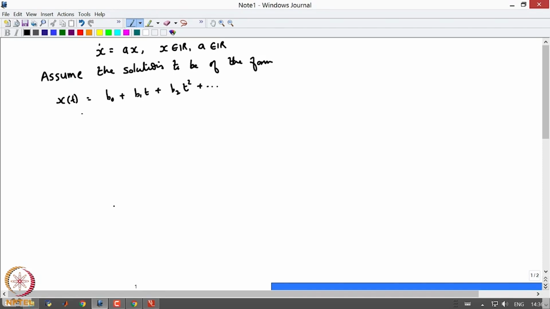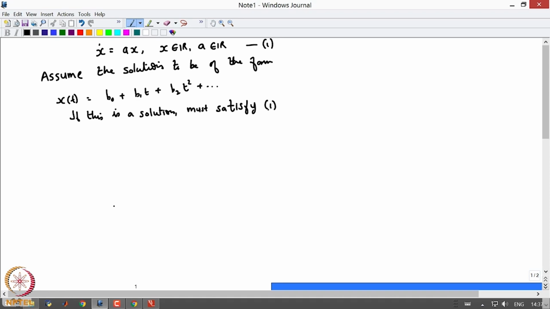Now, is this a solution? Assume that this is a solution, and if this is a solution, then it must satisfy equation 1, the ordinary differential equation 1.